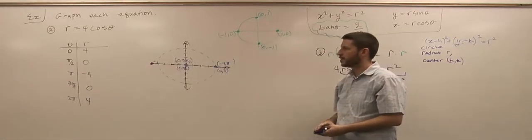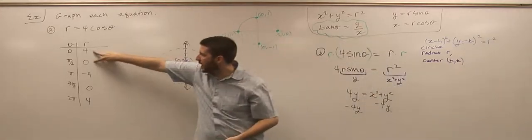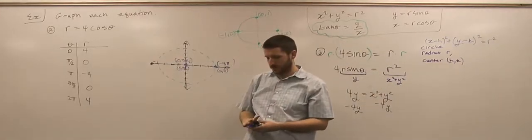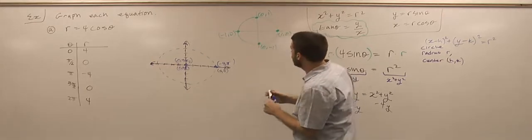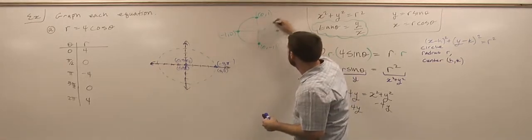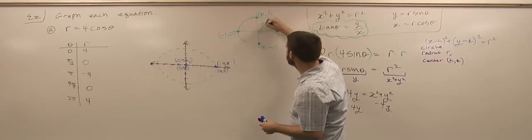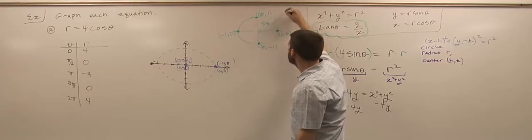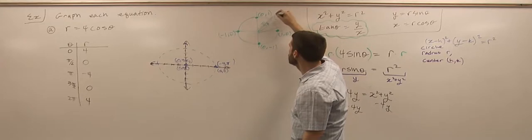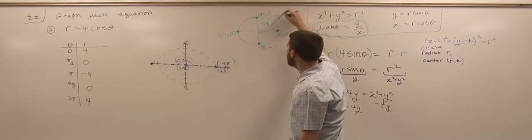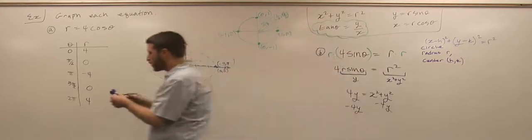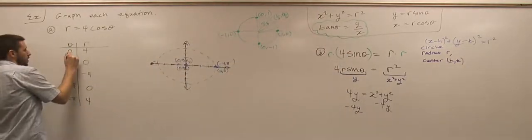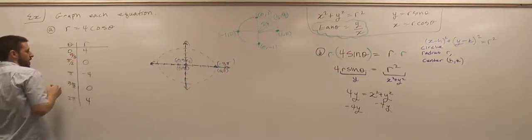So what could I add in between here? You can add anything you want, right? But I would probably add pi over 3 in between because the cosine of pi over 3 is what? It's 1/2. So if you put in pi over 3 here, you can fill in your picture a little bit.